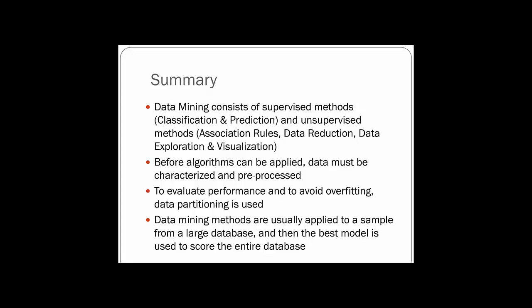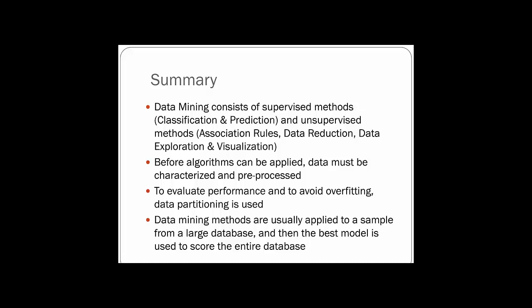Once we do that, we want to avoid overfitting, and so we're going to use the partitioning notion with a training set and a validation set, and sometimes we'll use a test set as well. Again, the idea here is that you don't want to fit noise, because noise is attributed to randomness, and randomness is something that cannot be predicted by definition, so we run into problems by trying to do that.